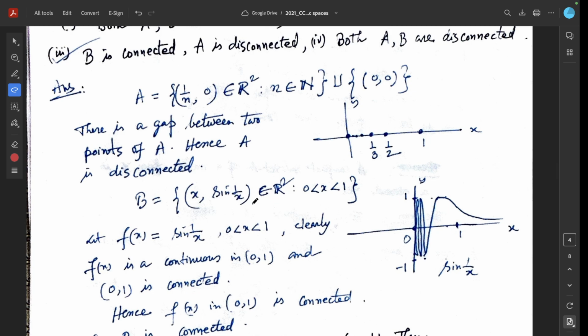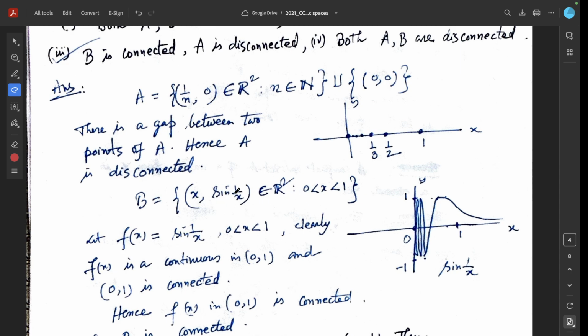Now the set B is (x, sin(1/x)). If we draw the graph with any application, Desmos or others, this is the graph of sin(1/x) for x from 0 to 1. The interval is 0 to 1, so 0 is excluded and 1 is excluded.